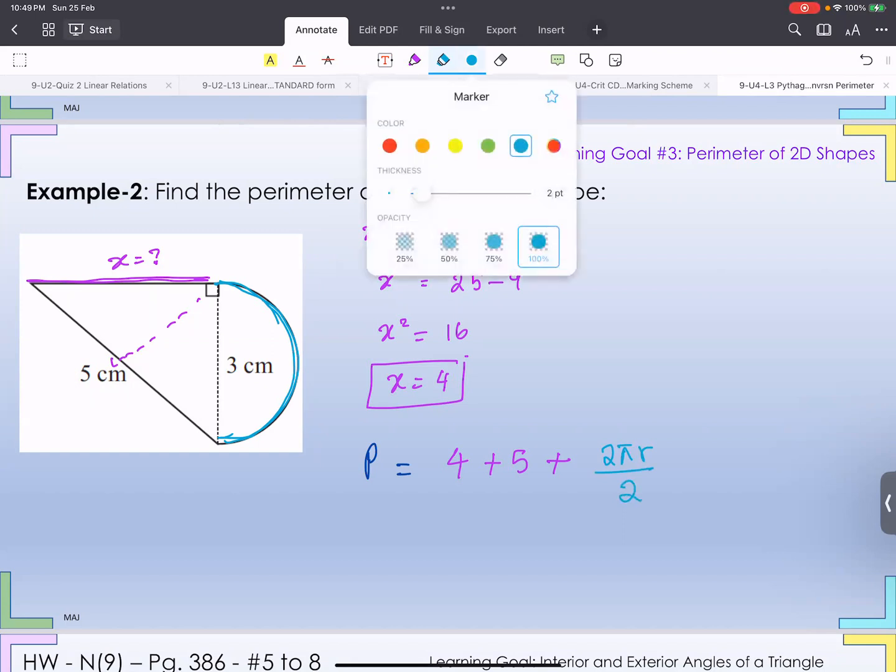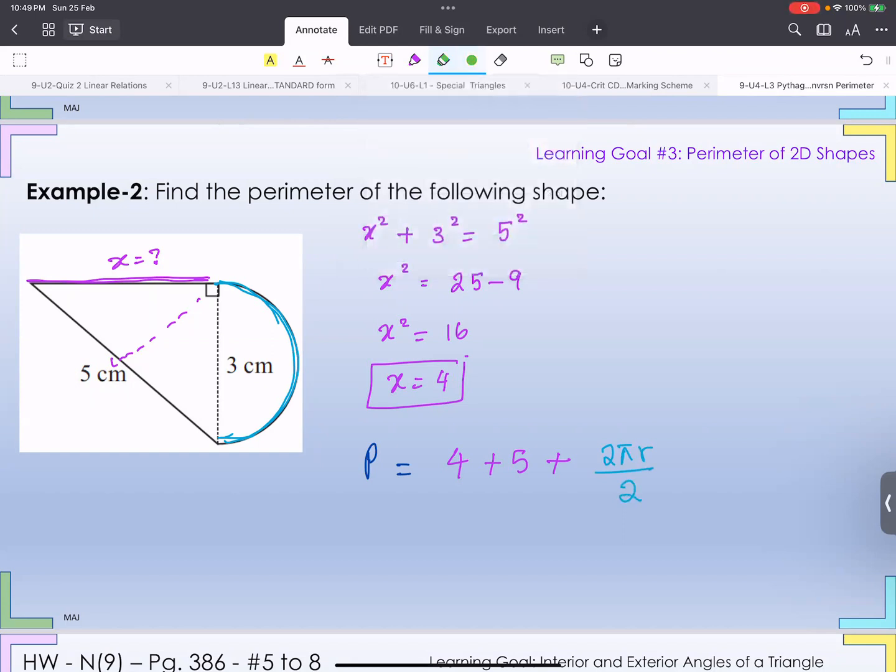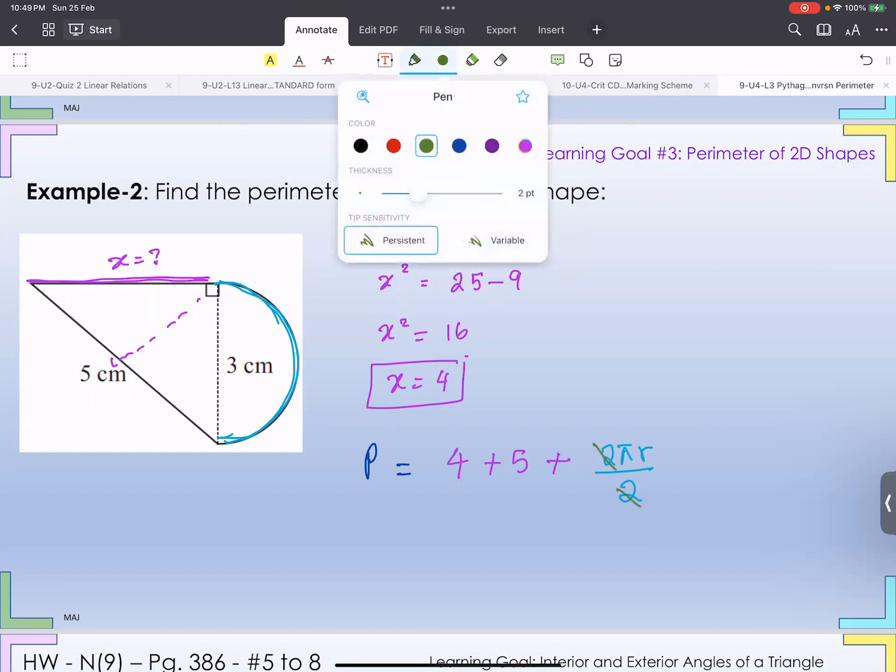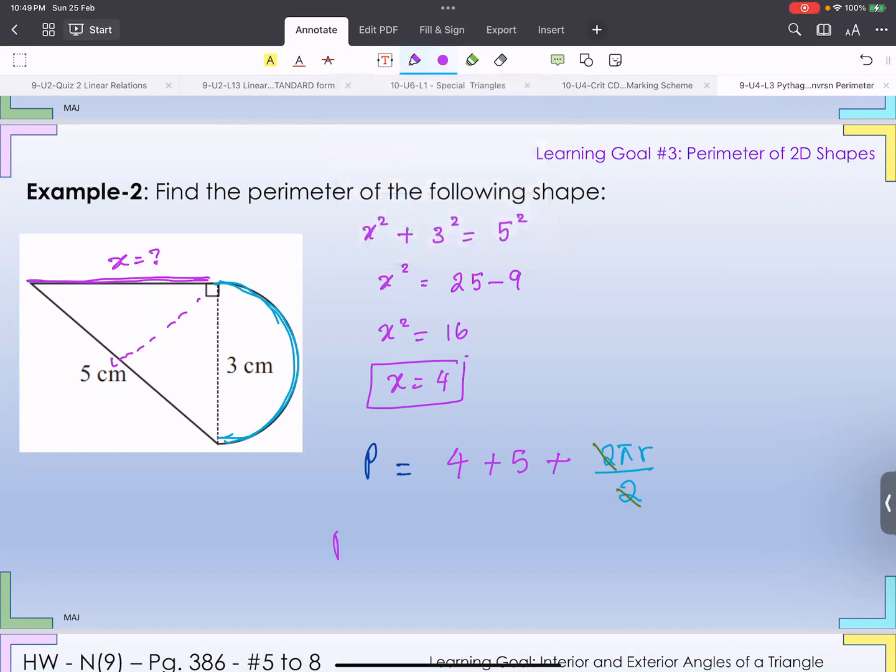Okay, so again, you can cancel these terms. This 2 and this 2 can cancel. Right, and then you're left with perimeter is 9 plus pi multiplied by 1.5. Why 1.5? Because that is the radius.